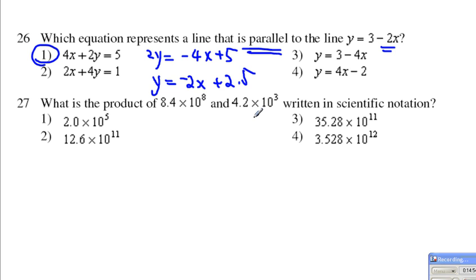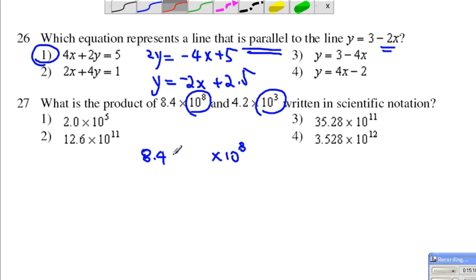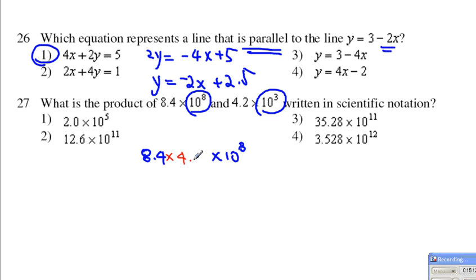Now, when we multiply these two, what's going to be happening? These two have the same base. So therefore, 8.4 multiplied by 10 to the 8th. Notice how I'm placing all the values. And then the next one is times 4.2, and then times 10 to the third power.